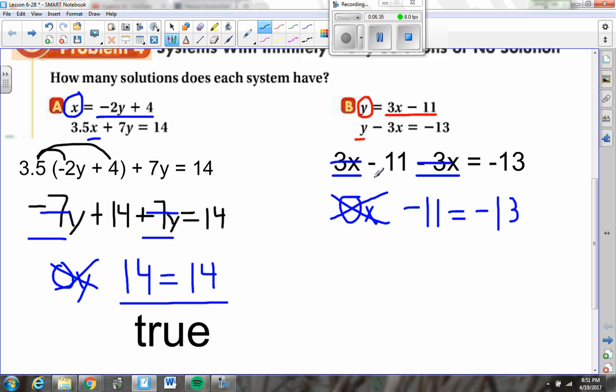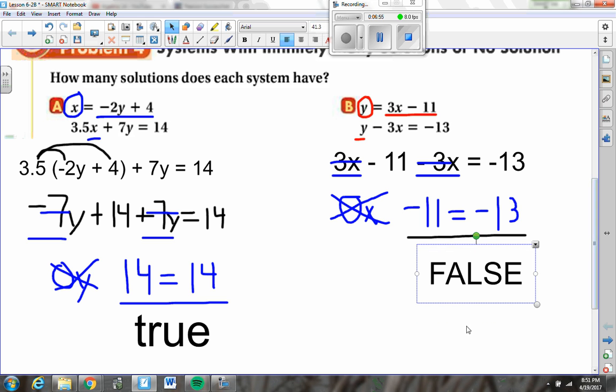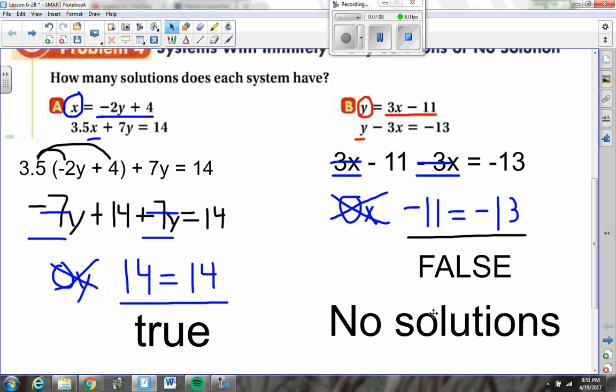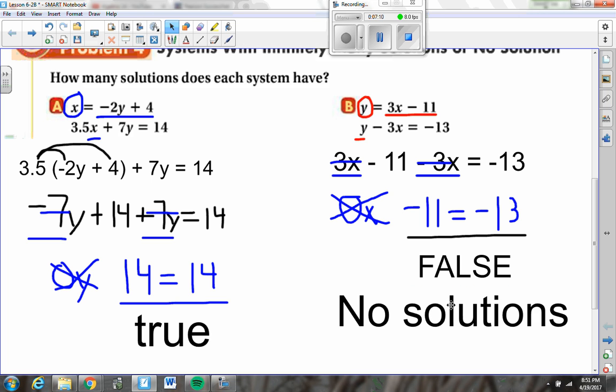The question we need to ask ourselves is, does negative 11 equal negative 13? No. That is absolutely false. When I'm left with something that is false, I have no solutions to this system of equations. There are no numbers that make this system true. It is impossible to make this true.